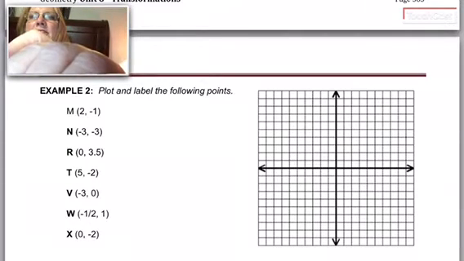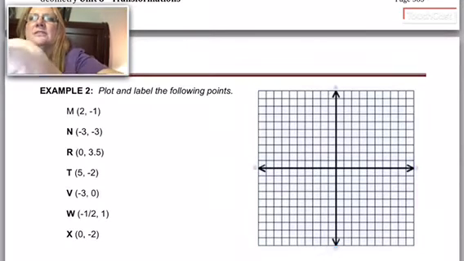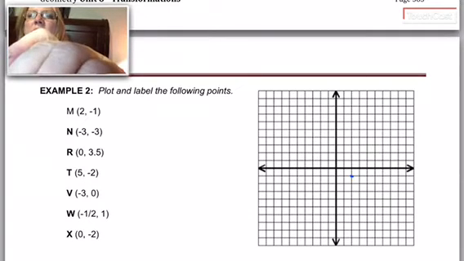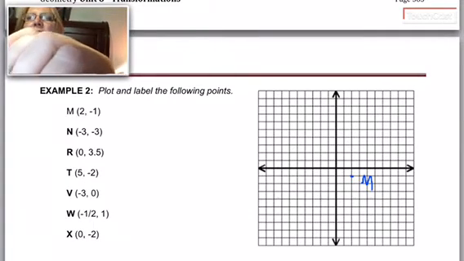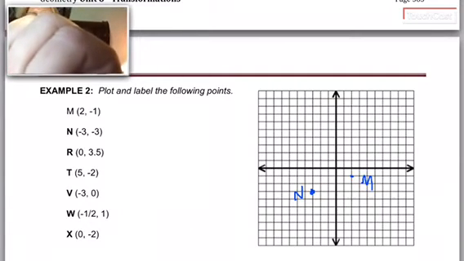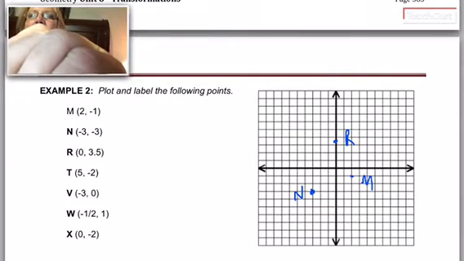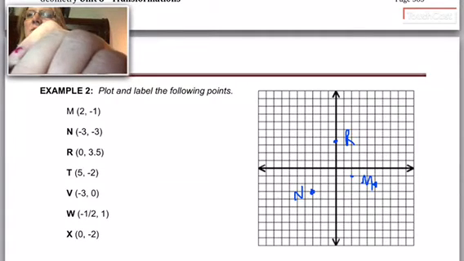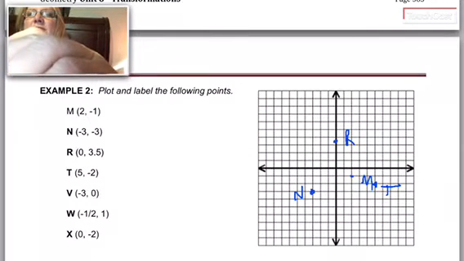2, negative 1, that is point M. Negative 3, 3 would be N. 0, 1, 2, 3 and a half is right here. 5, negative 2 is T. V is negative 3, 0.